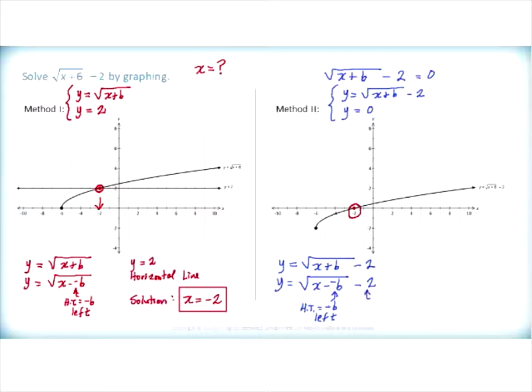The -2 here represents a vertical translation, and the base graph of y equals the root of x is moved downward 2 units. Again, the x-intercept of this graph will provide us with the solution to the equation that we were asked to solve. So once again, the solution here is x equals -2.